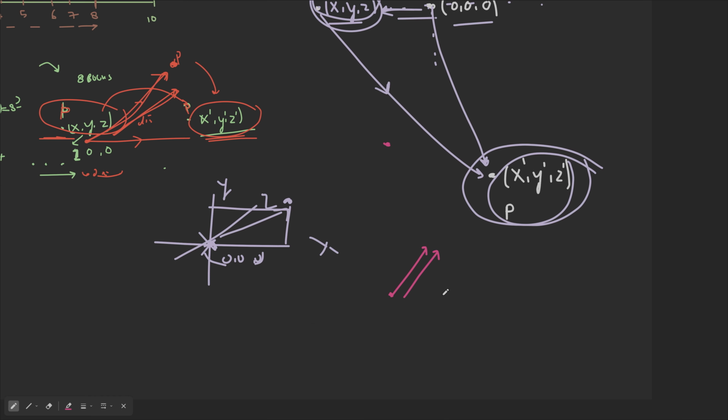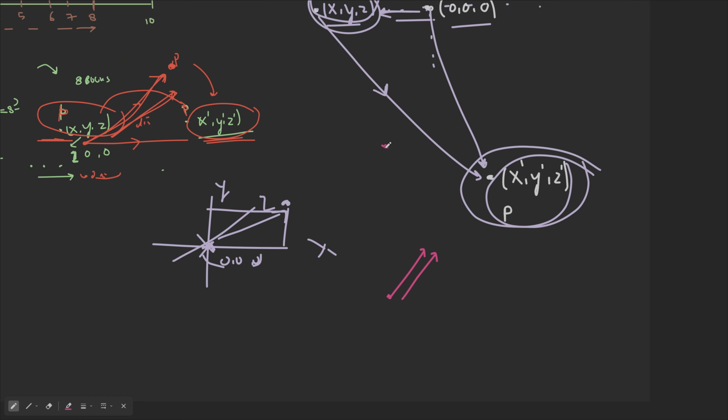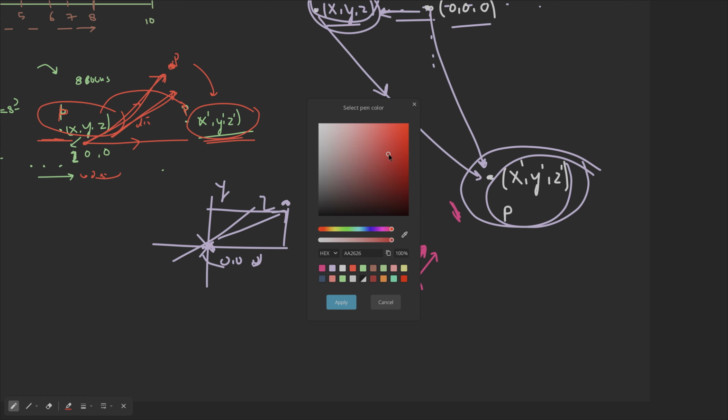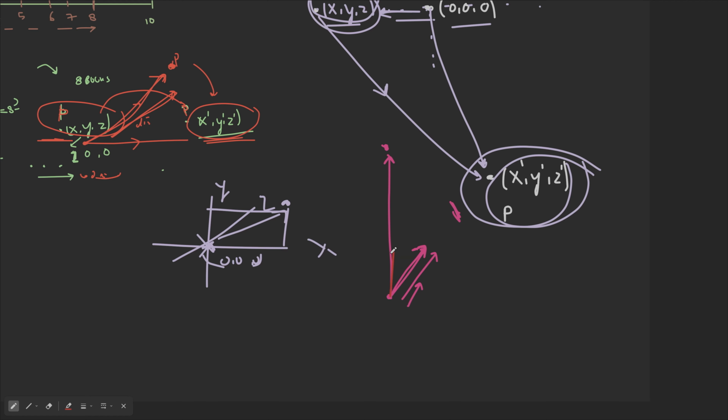If you want to reach here, but you are standing here facing this side, even if you start walking, you won't reach your desired location, because you are not facing this direction. So you first need to know which direction you need to move to reach this point.